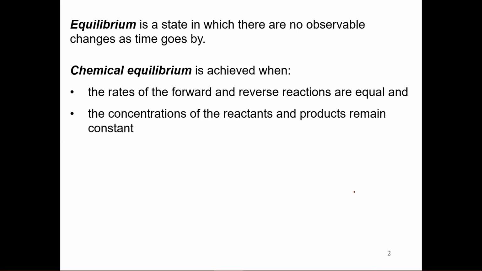The concentrations of the reactants and the products remain constant, because they're constantly going back and forth across the curve. I talked about the curve in the last lecture. If you've got a reaction that looks like this, mildly exothermic, with a hump like that and another one there, these are the reactants, A plus B, down here is C plus D, and in the middle you have an intermediate form, ABCD.